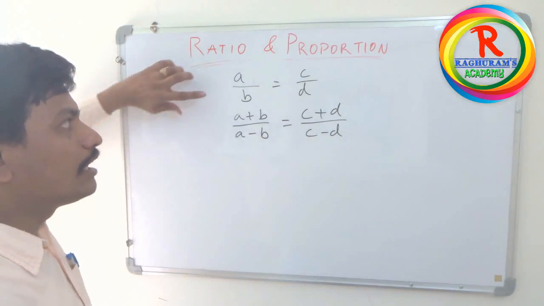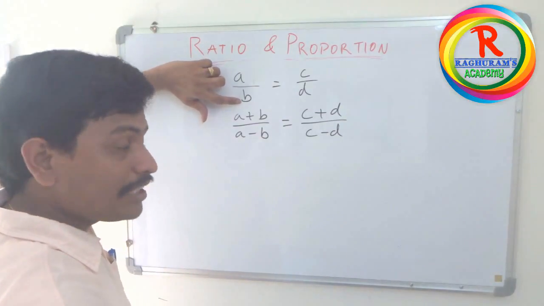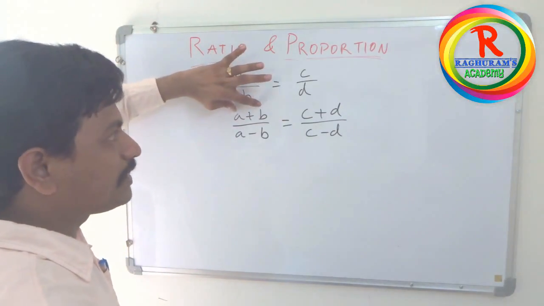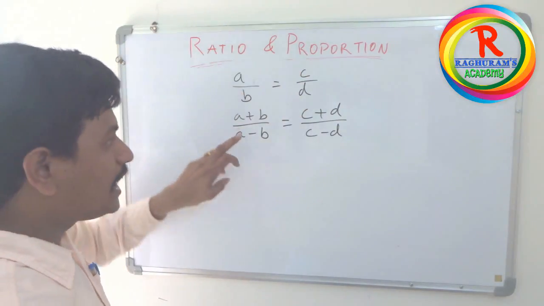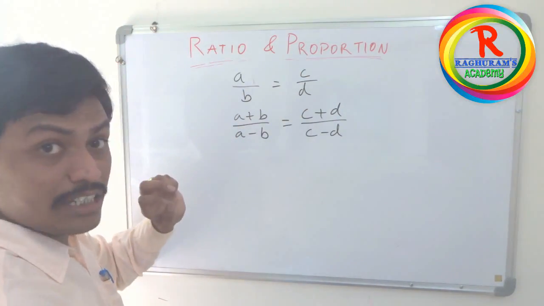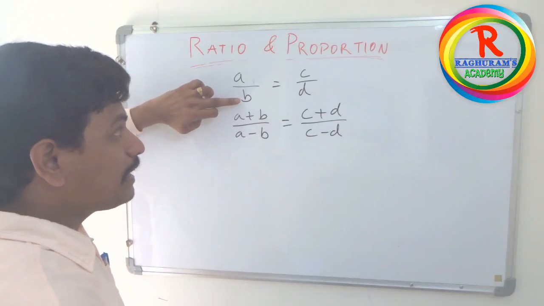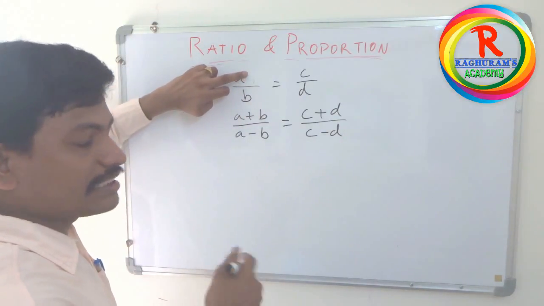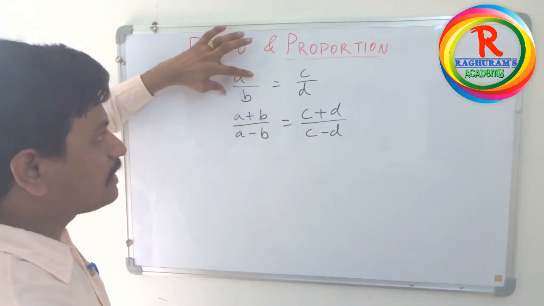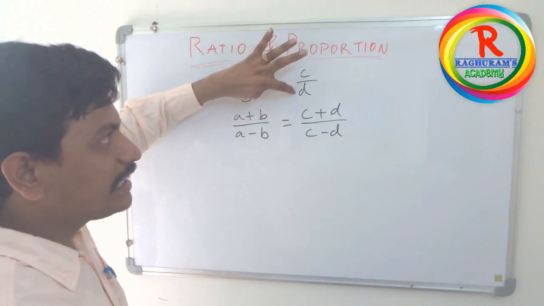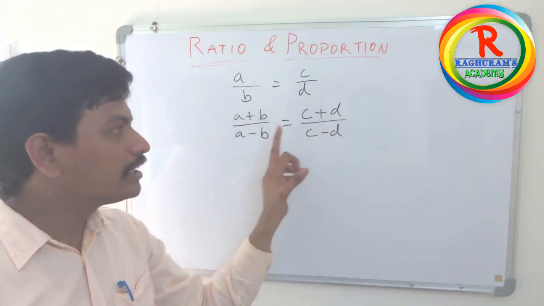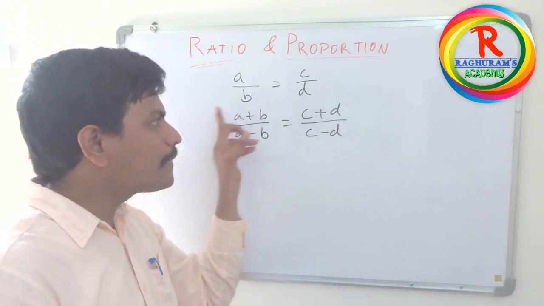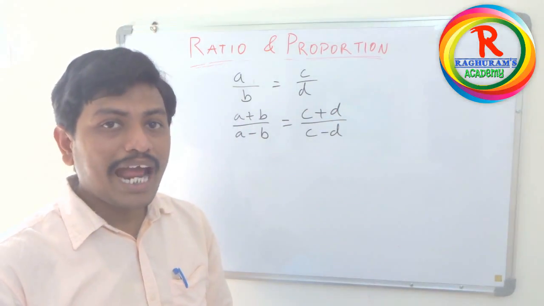Componendo is adding the denominator to the numerator, that is A plus B and C plus D, in the numerator. Dividendo is subtracting the denominator from the numerator, that is A minus B and C minus D, in the denominator. So combinedly it is called componendo and dividendo.